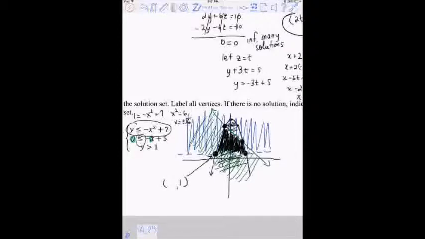Now, since this point is on the left side of the y-axis, I know it's going to be the negative square root of 6. And the nice thing is, this other point directly opposite is on the other side of the parabola. So that's going to just give me the point positive square root of 6, comma 1.